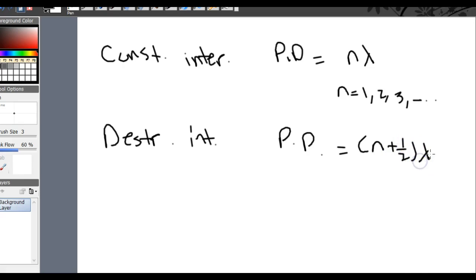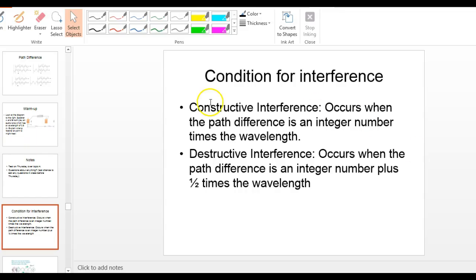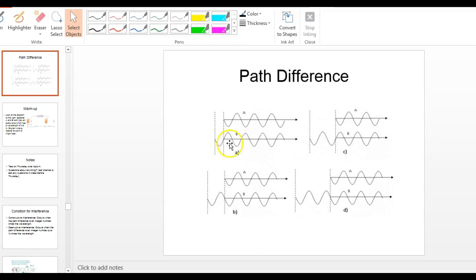So in the situation where the path difference between the two waves was half of a wavelength here and 1.5 wavelengths here, in that situation we have destructive interference, which you can tell just looking at these two pictures. We're going to have destructive interference there, destructive interference there.